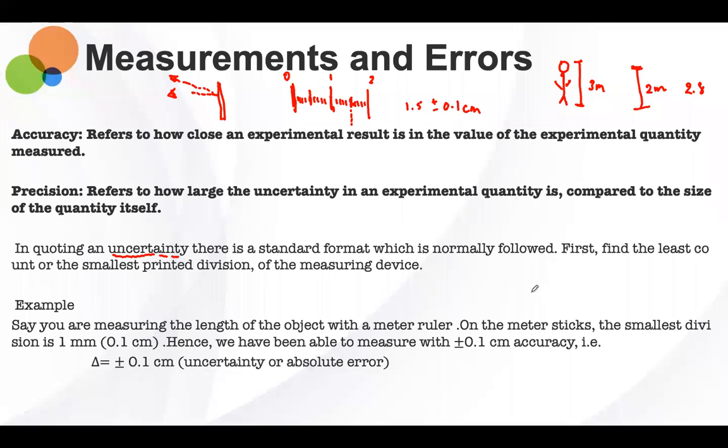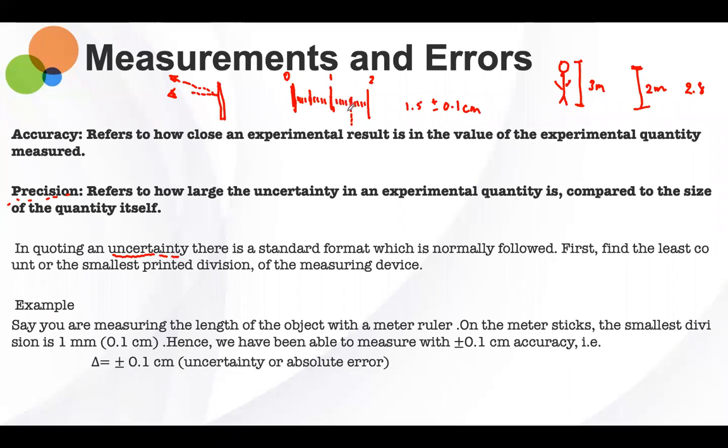So in the next session, we'll try and do more calculations as it regards uncertainty, and for your measurement to be precise, right? The uncertainty has to be small compared to the size of the measurement. All right, that's how we know a measurement is precise.